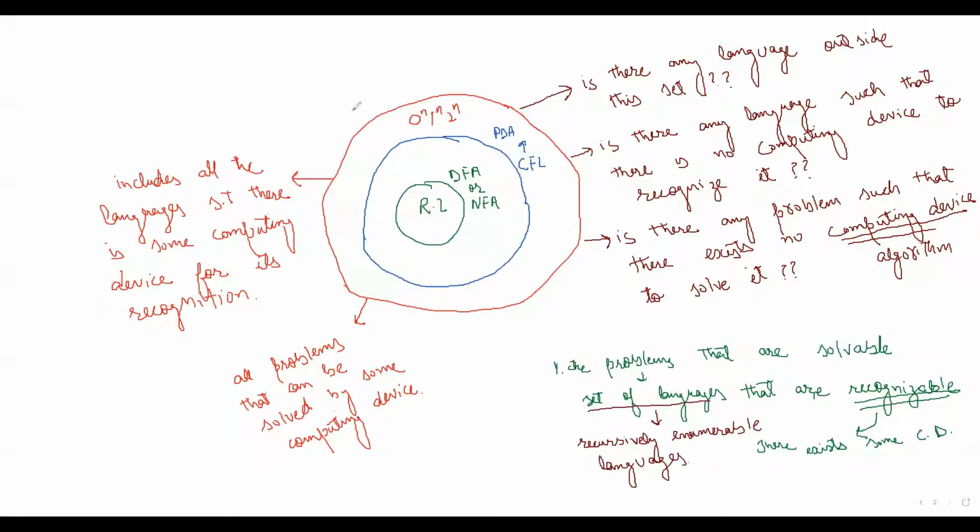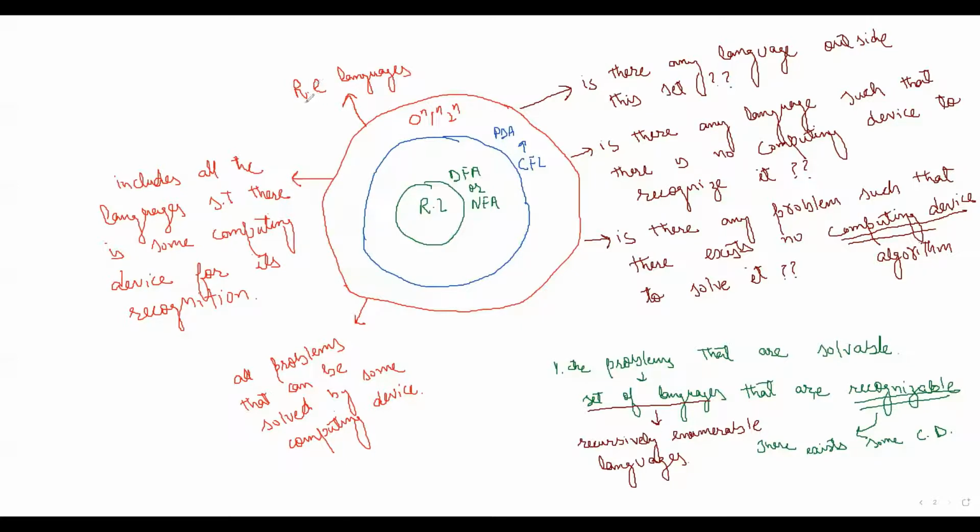So this red set that we are discussing includes all those languages that are recognizable, or we can say the languages such that there exists a computing device for those languages. So these languages are called recursively enumerable languages.